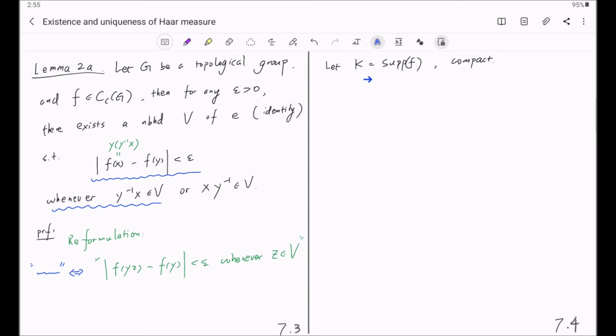And to associate this to the continuity of f, we're going to choose those finitely many open subsets that correspond to the local continuity of f at each point in K. And that will give us a finite cover.